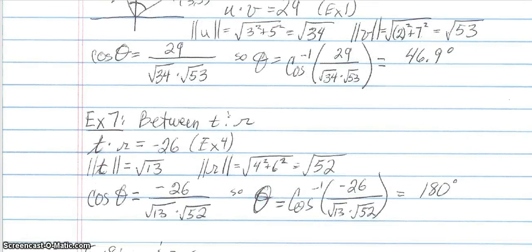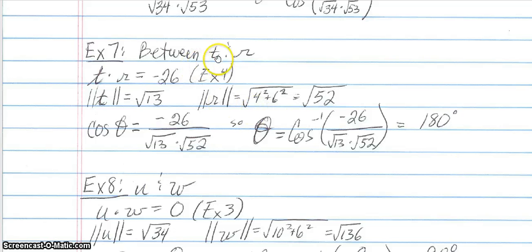Okay? So do the same thing between the two vectors t and r. What is the dot product? Magnitude of t, magnitude of r, formula: cosine of the angle between is the dot product over the product of the magnitudes, and it turns out to be 180.